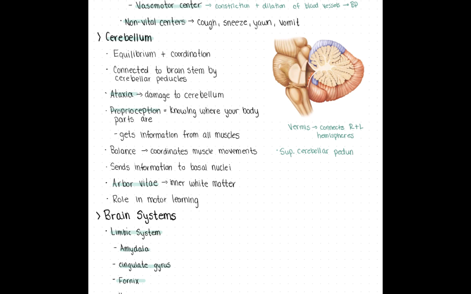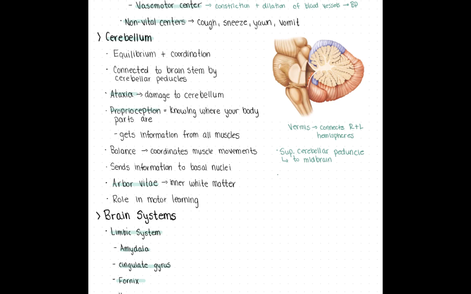I'm only going to write out completely one of these. But this superior one, the superior cerebellar peduncle, just remember it's connected to the top of the brainstem. So it connects the cerebellum to the midbrain, that mesencephalon.